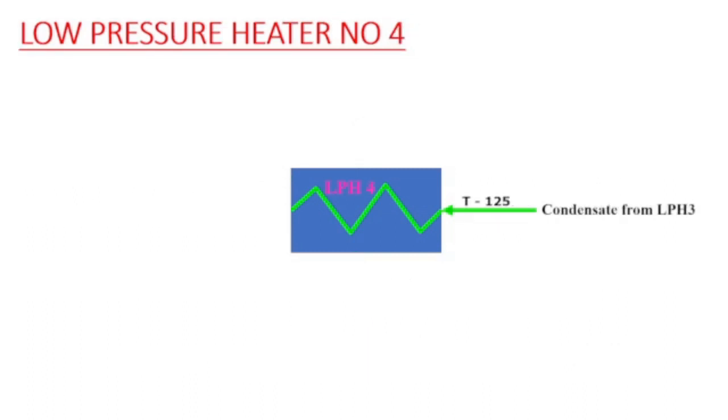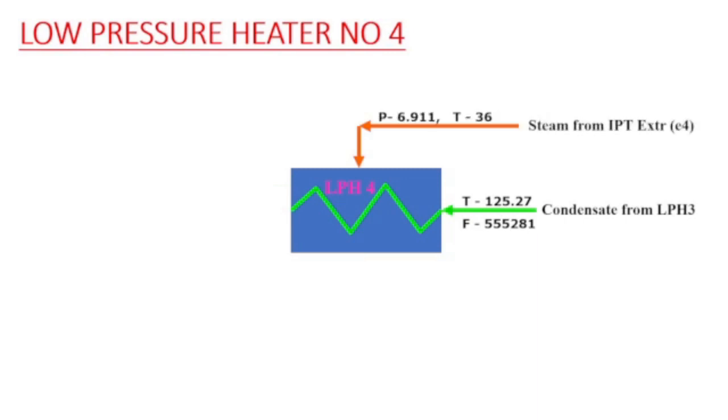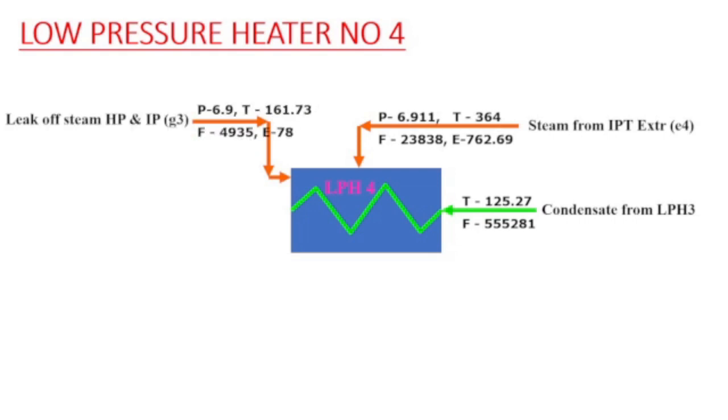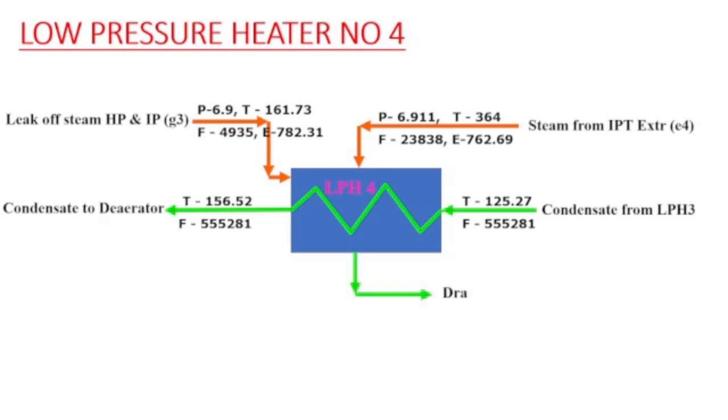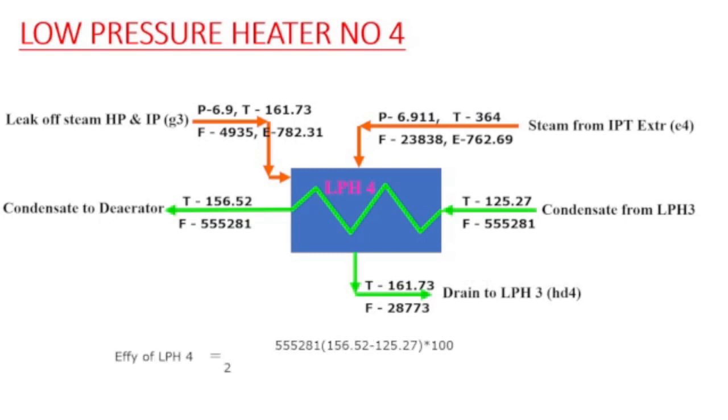Then you have got the fourth LP heater, that is low pressure heater number 4. The steam from IPT extraction E4 is given to LP heater 4, and the condensate from LP heater 3 having a temperature of 125.27 degrees centigrade passes through LP heater 4, and it gains a temperature up to 156.52 degrees centigrade.